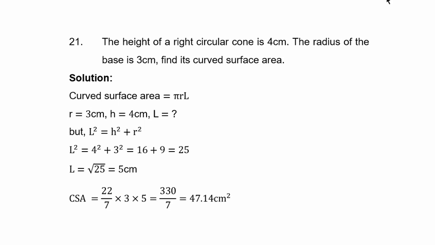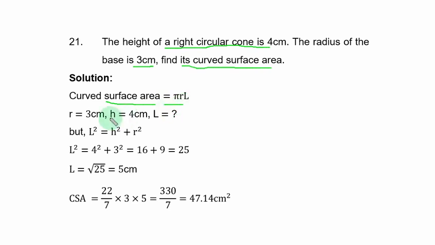Example 21. The height of a right circular cone is 4 cm. The radius of the base is 3 cm. Find its curved surface area. Solution. Curved surface area of a cone is equal to pi r l.